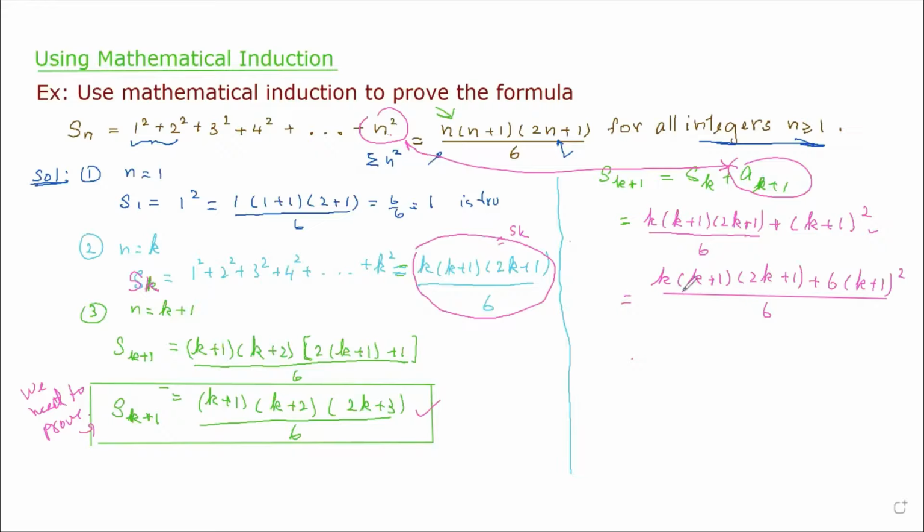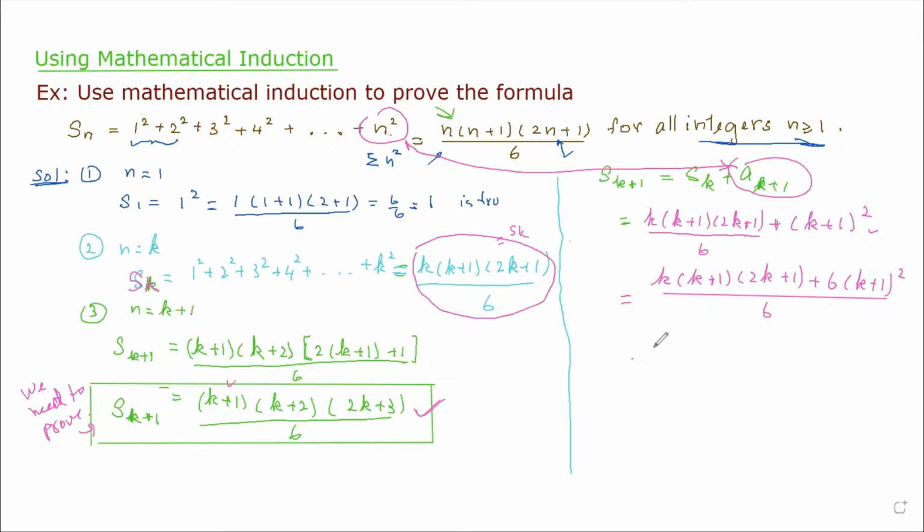Then you see what we can do. Instead of expanding this one, we're going to take out a common factor, k plus 1, because we want to get into the pattern of the one we need to prove. So we get k plus 1 out, so we know what we should expand or how to simplify it.